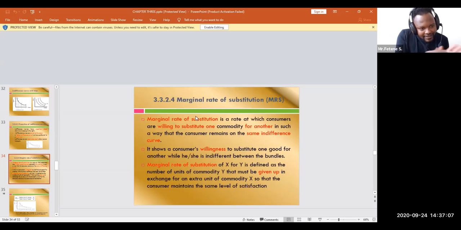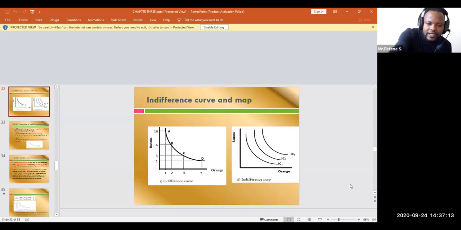For example, as I said earlier, when we move from point A to B on the graph, the consumer gives up y. For example, at this point the consumer consumes 10 amount of banana and 1 amount of orange, but the satisfaction of A, B, C and D are the same.